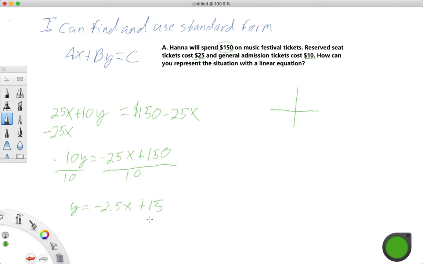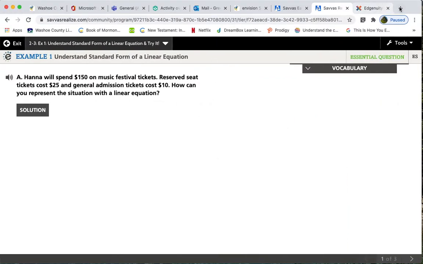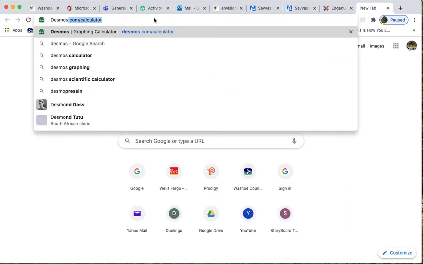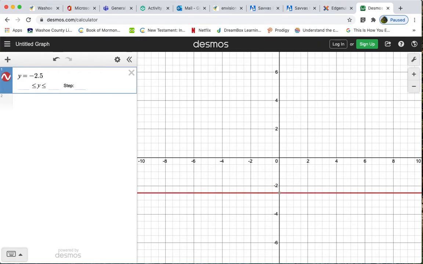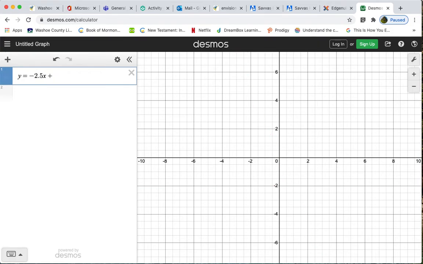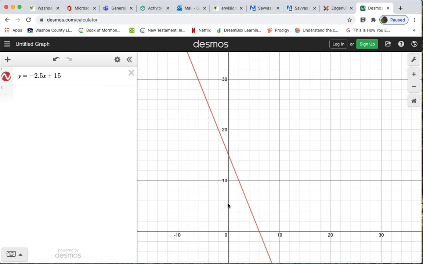Okay, so then if we were to graph this, I should have the Desmos graph up for this. Let's go ahead and do that. Sorry for all the moving around. Okay, so our equation was y equals negative 2.5x plus 15, and that's our graph.